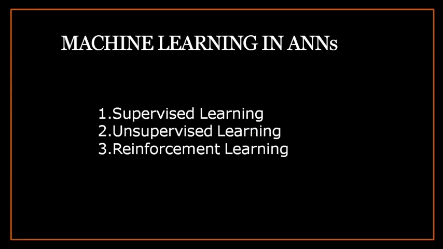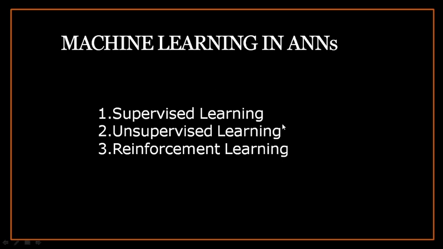Now we can talk about how machine learning is used in artificial intelligence. As you know, there are three types of learning: supervised learning, unsupervised learning and reinforcement learning. Supervised learning is learning with the help of a teacher.